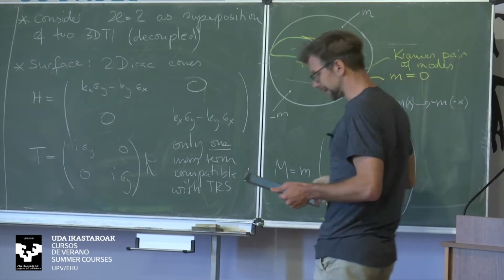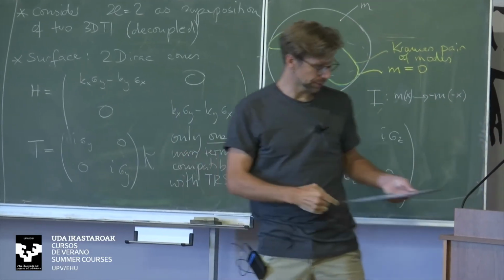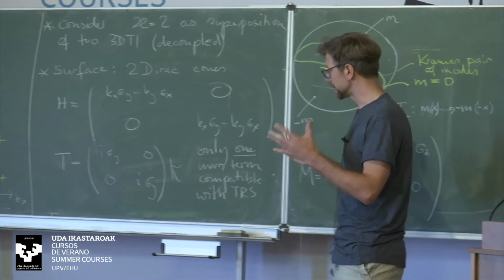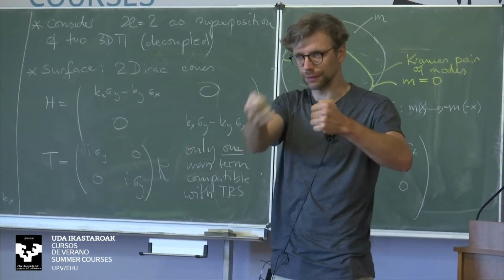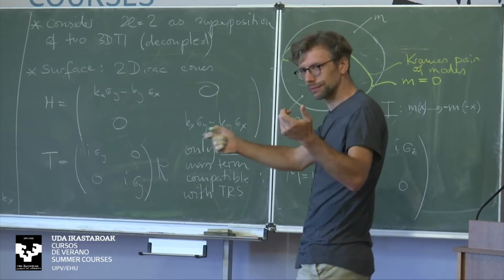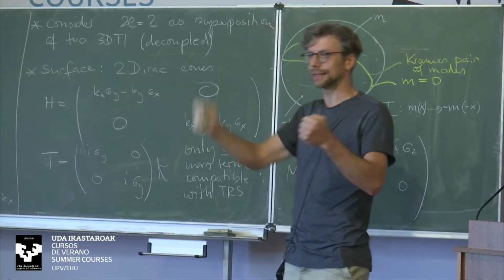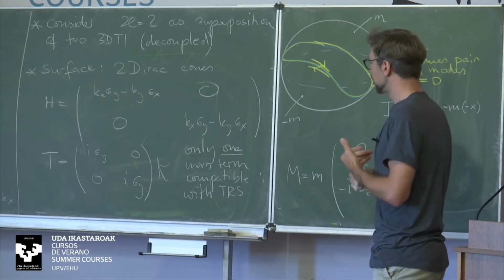And so what we can say now about this higher order topological insulator is that it has a protected 1D hinge mode, that's what we call it now, that goes somewhere around the system.